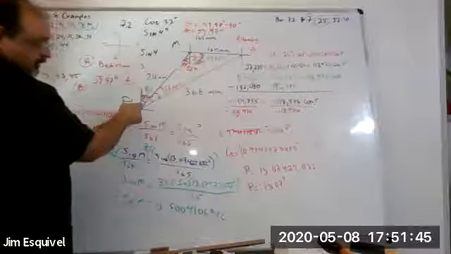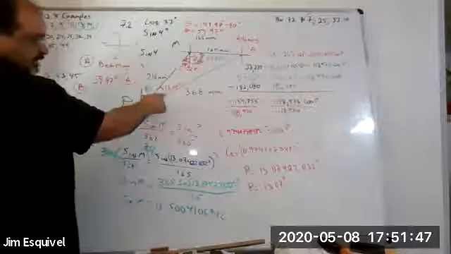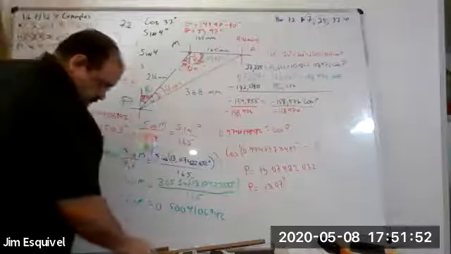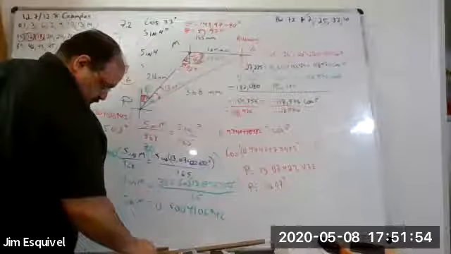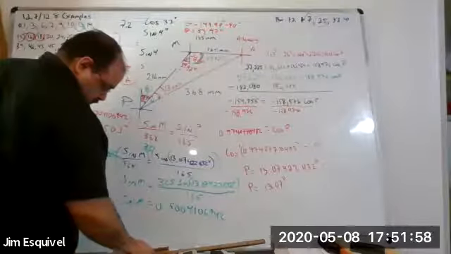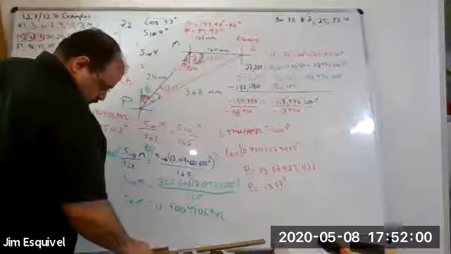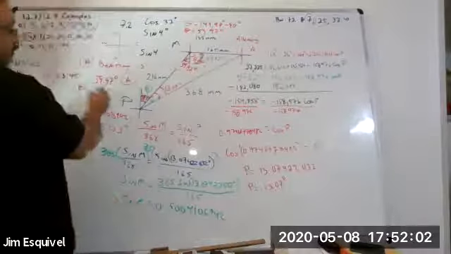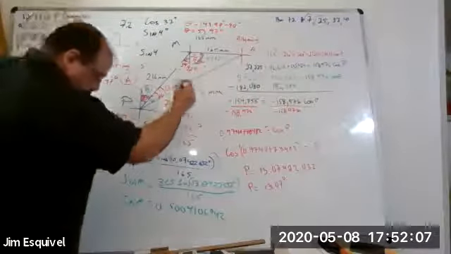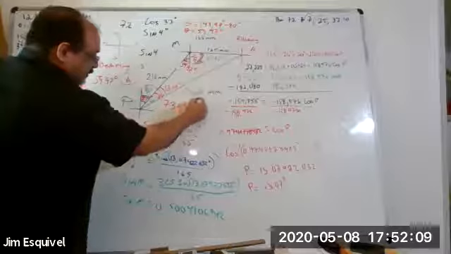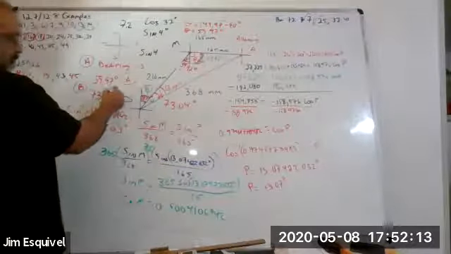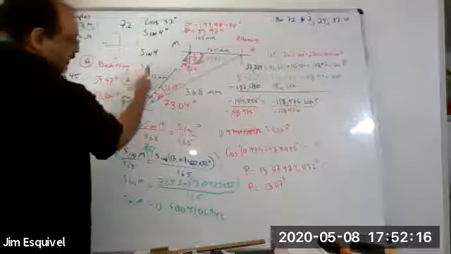That angle is 59.97, and inside the triangle is another 13.07. So that's 73.04 degrees. The whole turn would be 73.04 degrees to go from Phoenix to Albany.